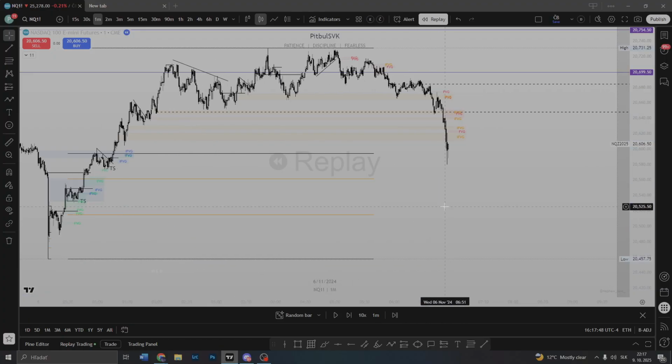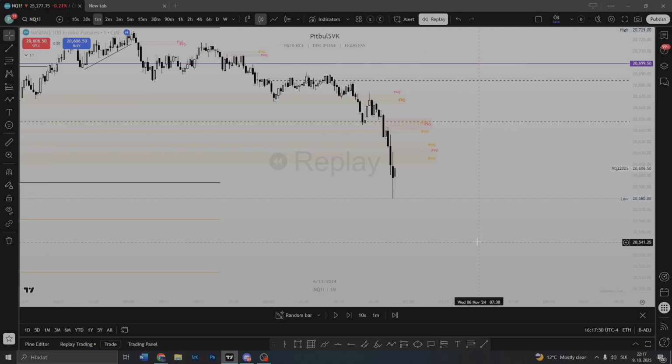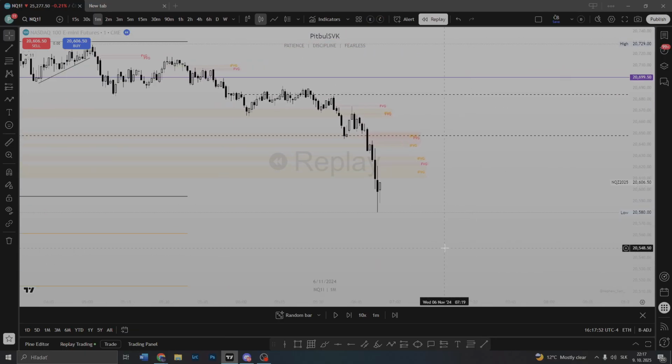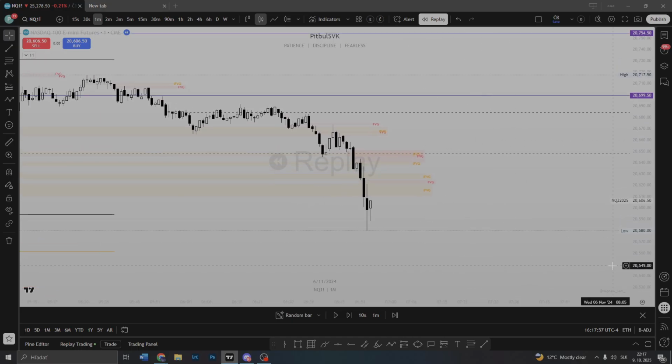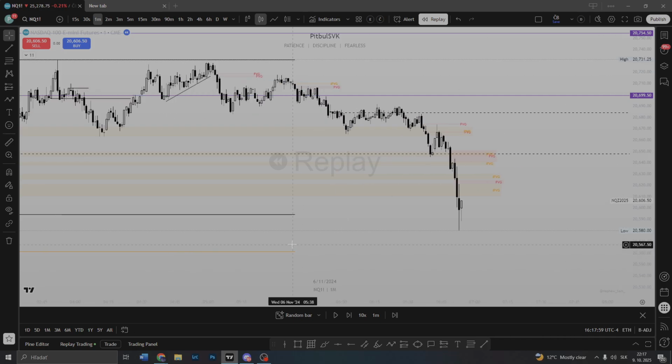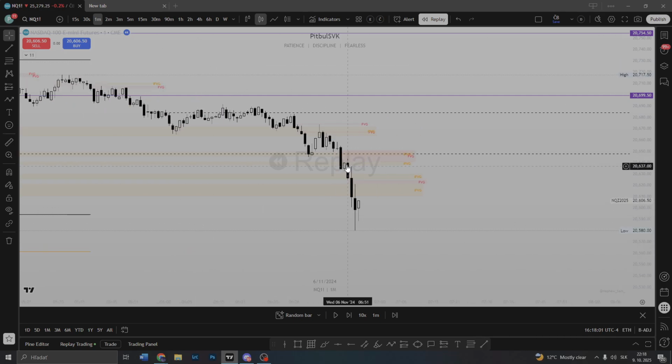What is the OT? We are in the 50% of the range, 3 consecutive candles, soup at the low. I mean, this looks pretty good.